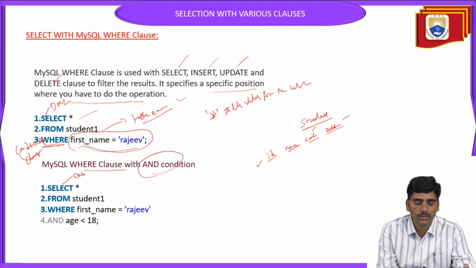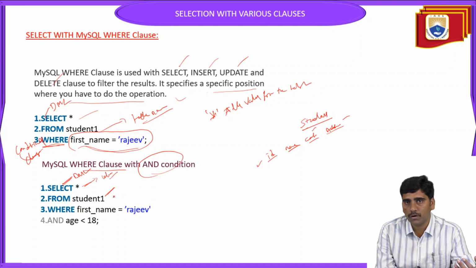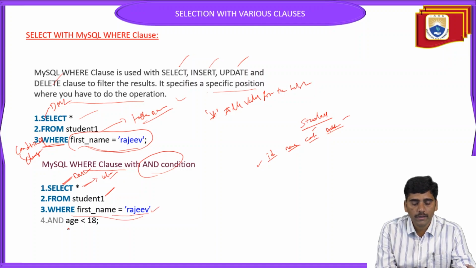For everything you need to understand what type of command it is, what table it is, what columns you want to display, what table you are going to filter the result on, and what condition you are specifying. Here I am specifying the where condition: where first name equals Rajiv and age less than 18.